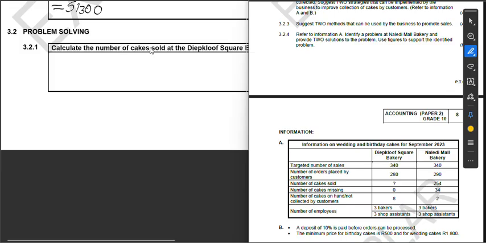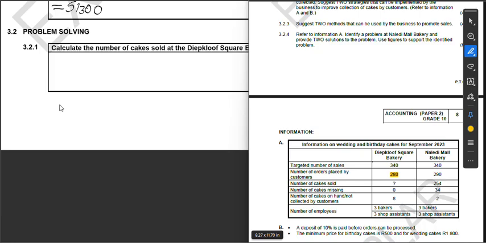Now here it is, calculate the number of cakes sold at Diepkloof. We need to find out how much was sold. How are we going to compare this? We need to find out their orders. How many were the orders? The orders were 280. This is the target, but the orders were 280. And then how many of these orders were not collected? It's 8. So we're simply going to say 280 minus 8, then you'll find out how many cakes were actually sold.